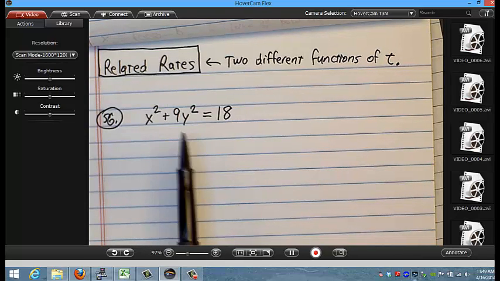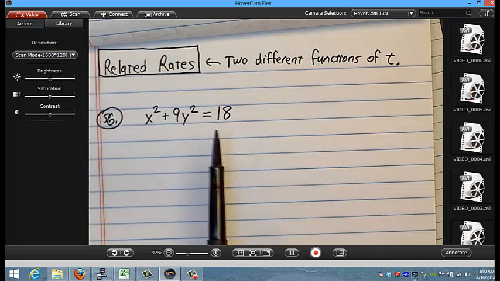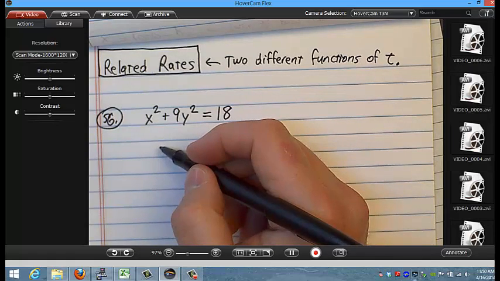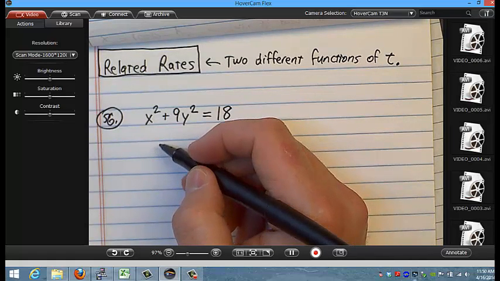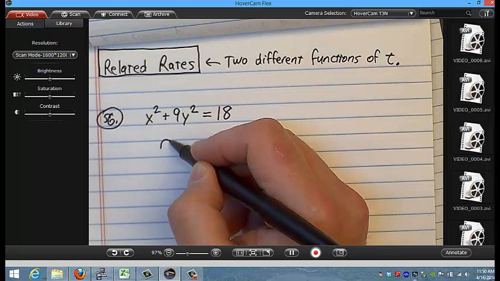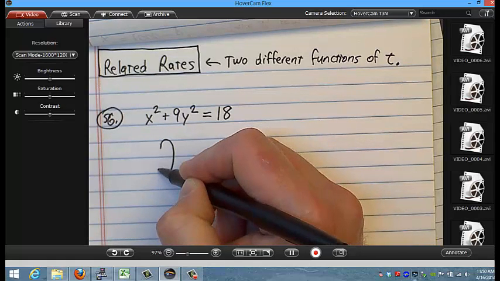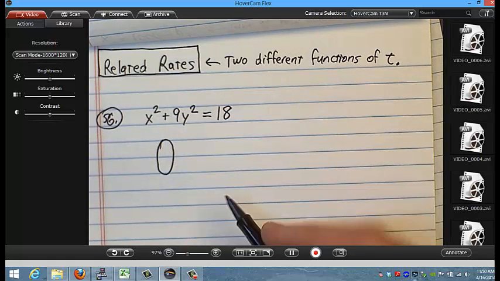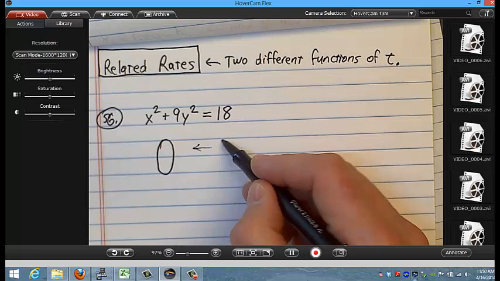This 9 here means it's not a circle. And back in the day, you probably had to divide by 18 to figure out what kind of ellipse it was. There's a football on the tee. So is that kind of an ellipse? Okay. So that's an ellipse.